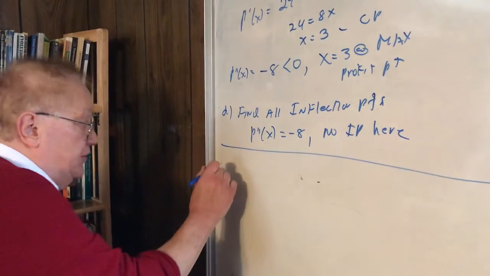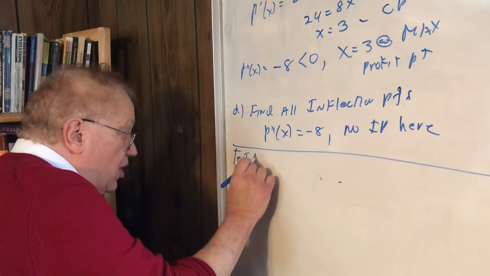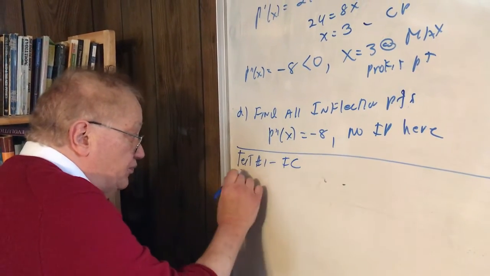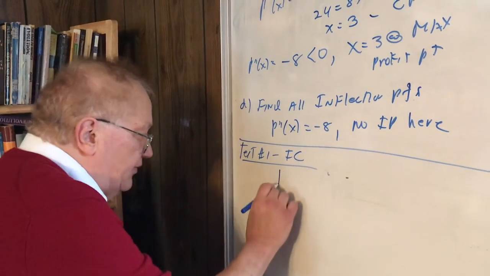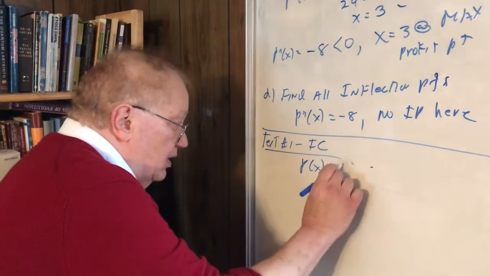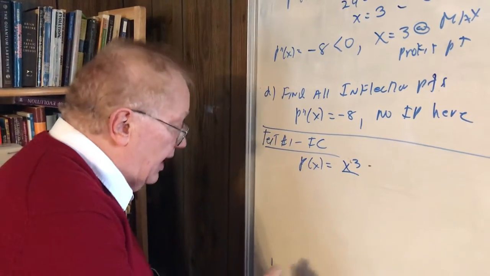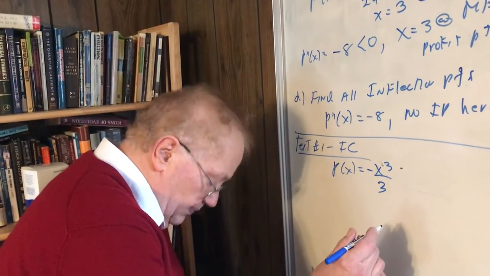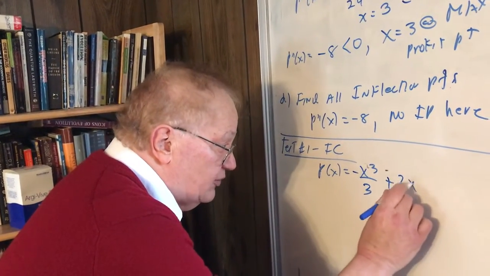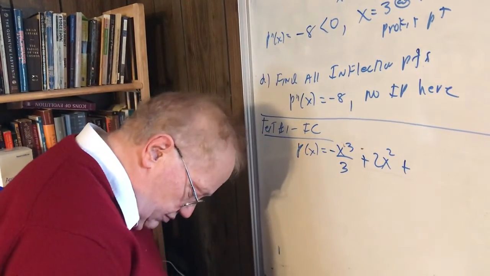Okay, what you were given, this is test number 1 in class, where you were given P(x) is minus x third over 3 plus 2x squared plus 2x.